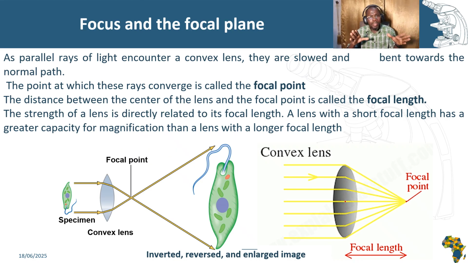In microscopy, we want the image to appear as clear and sharp as possible. So if we use a lens with a shorter focal length, it will bend light too strongly and the images will form too quickly.